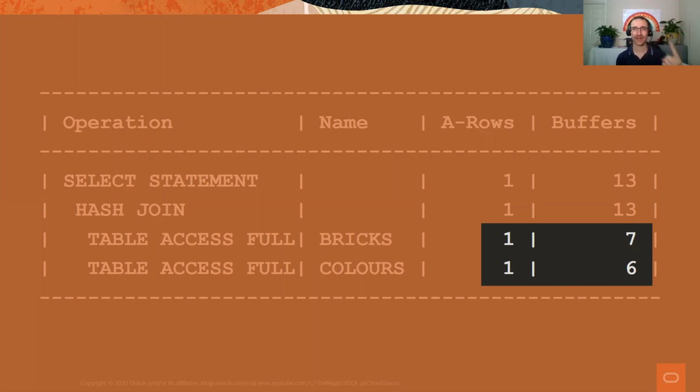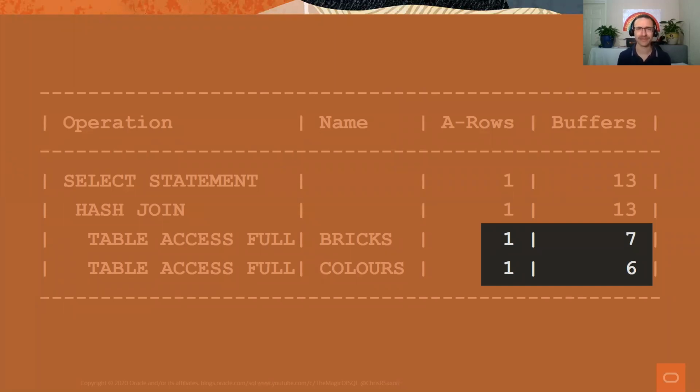We want to do one IO operation and get lots and lots of rows, not do lots and lots of IOs to get just one row, okay? So in this case, it doesn't matter what the row estimates are, or, let's assume they are bang on, we're estimating one row, we're getting one row, but we're doing lots of work to get that.